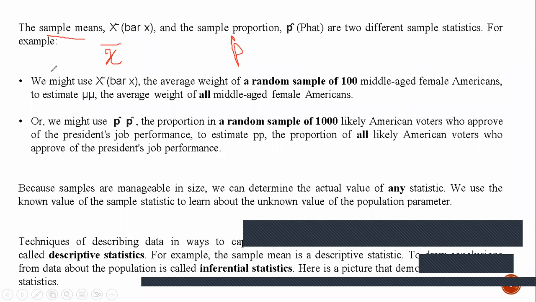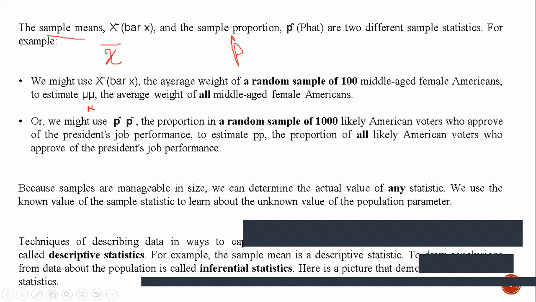For example, we might use X bar, the average weight of a random sample of 100 middle-aged female Americans, to estimate mu, that is the population mean. So the average weight of all middle-aged female Americans, if we estimate that from a sample, we call it X bar.